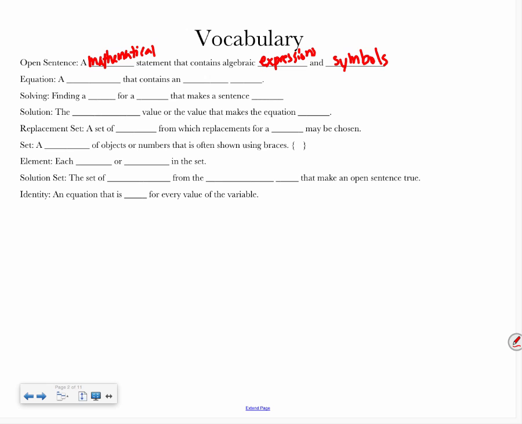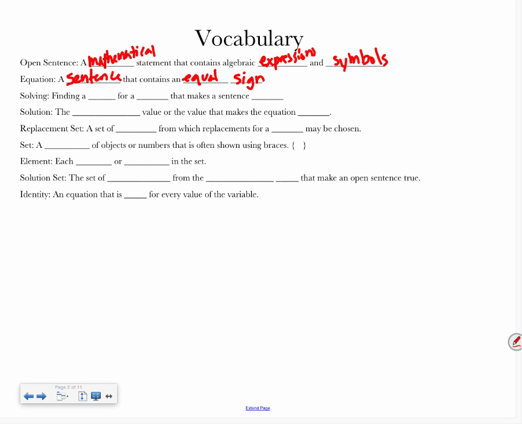An equation is a sentence that contains an equal sign. An expression that we've been dealing with up until this point did not have an equal sign. We're now going one step further. We're adding that equal sign in, and now it's an equation.